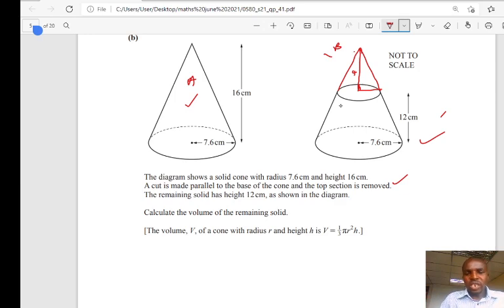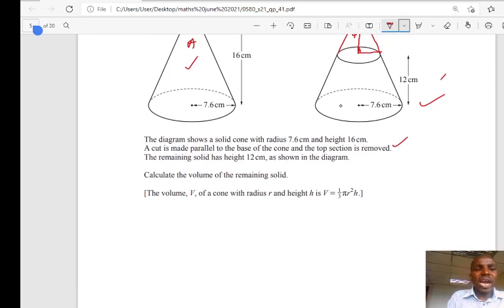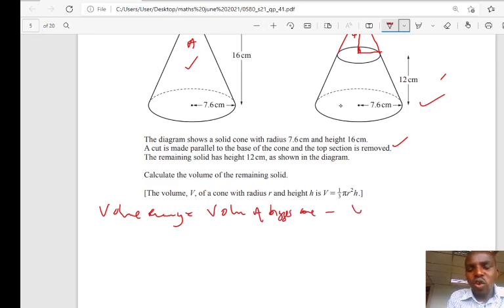Of the remaining solid. So the volume of the bigger cone is 1/3 pi r squared h. So you say volume remaining is equal to volume of bigger cone minus volume of part removed.